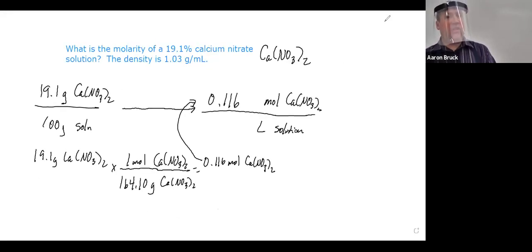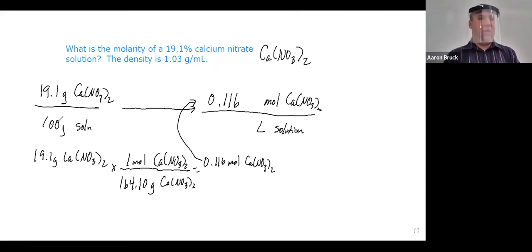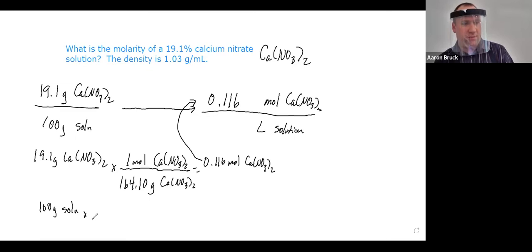Now I just need to do the same thing, converting the grams to the liters. 100 grams of solution. Here's where my density comes in. 1.03 grams of solution in every milliliter.